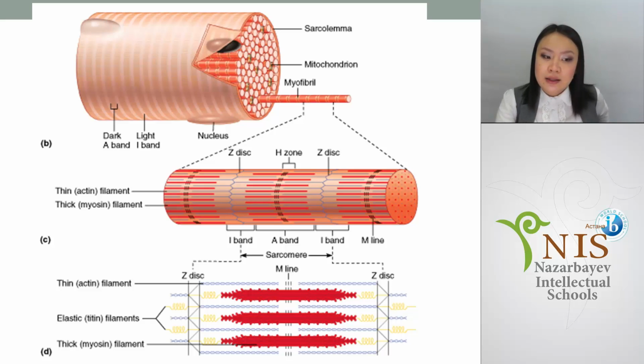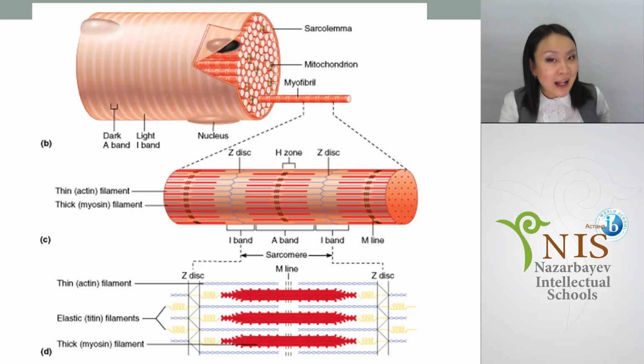You see in this picture C, the Z disc. Do you see that? The H zone. If you look carefully at picture D, the labeled place from one Z disc till the end at the second Z disc, we call it the sarcomere. Exactly, this sarcomere helps our muscle contract.